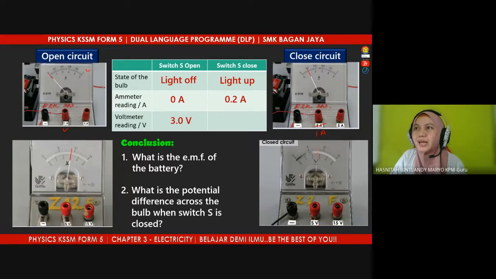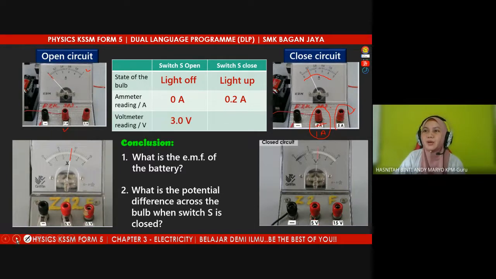The top scale reads until 1 ampere maximum, and the lower scale reads until 5 ampere. When we connect the positive terminal of the wire to this one, the maximum current it can read is 5 ampere. There is a mistake here, please correct it.